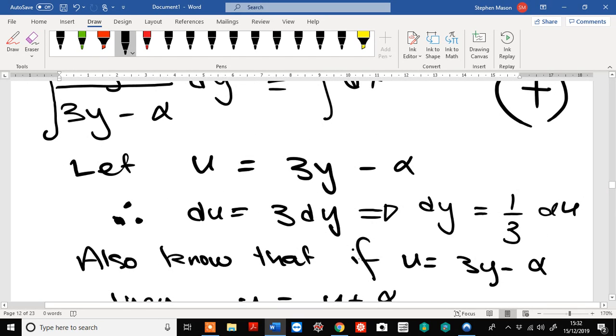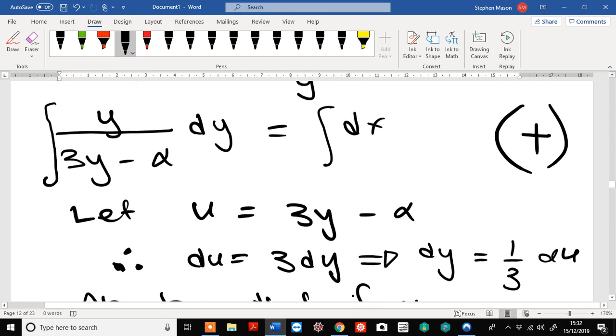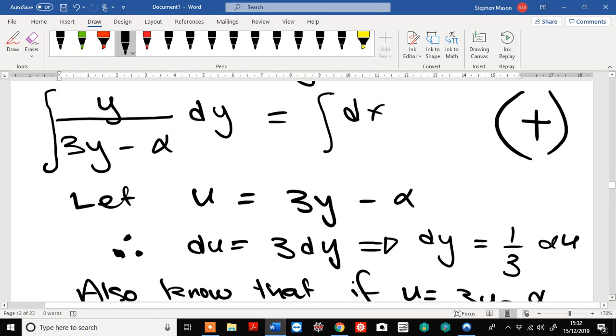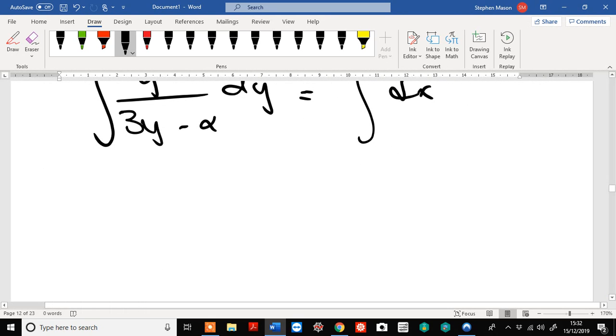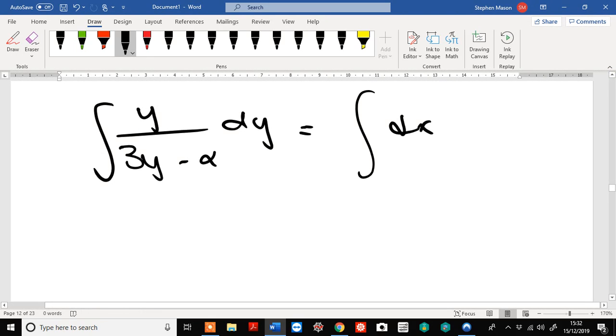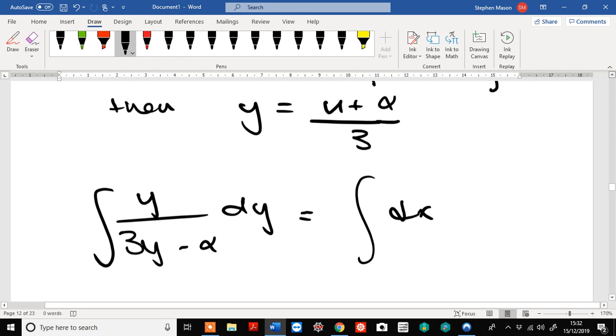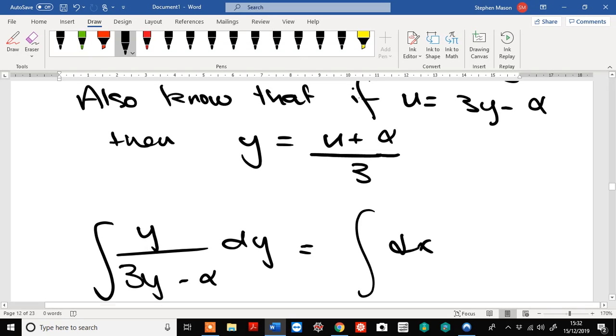Right, so let's just double check that. Yeah. So I've just written it down there so that I can see what I'm doing. Now, we know that y there in the numerator is equal to u plus alpha over 3.